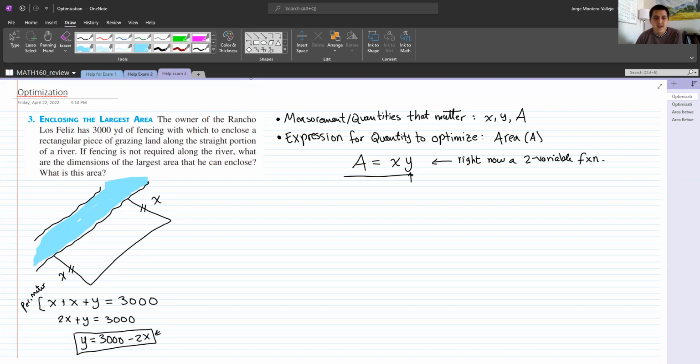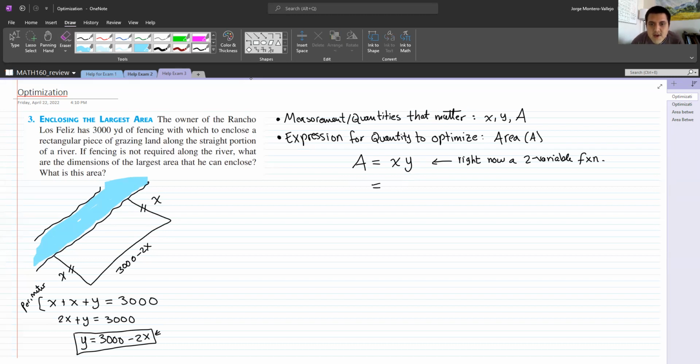So the remaining fencing that goes onto this side will be 3,000 minus 2X, which is exactly the same thing that we got over here. But this other way of doing it is more intuitive. You didn't need to write the equation and solve for Y. You can just look at the rectangle, see which sides you are already taking into account, X and X, and then just take that away from 3,000. But the moral here is that we can replace Y with 3,000 minus 2X.